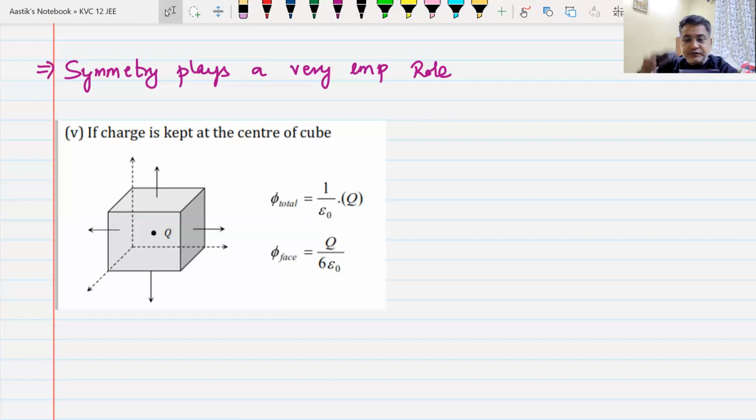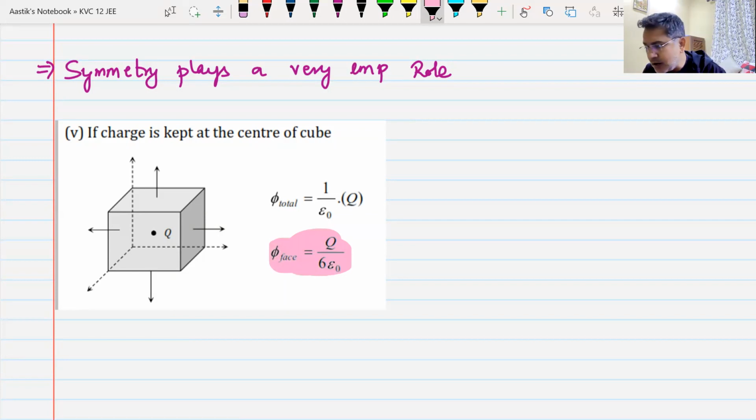All the 6 faces, face number 1, 2, 3, 4, 5, and 6, are equidistant from the center of the cube. So the flux through all of these 6 faces would be the same. Therefore, the flux through any face will be q by 6 epsilon naught. Do we understand this?